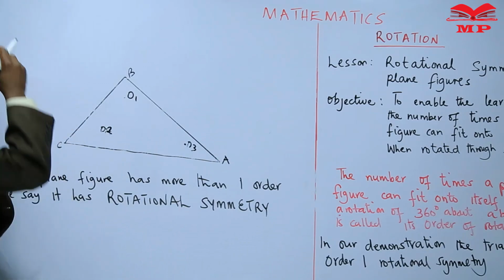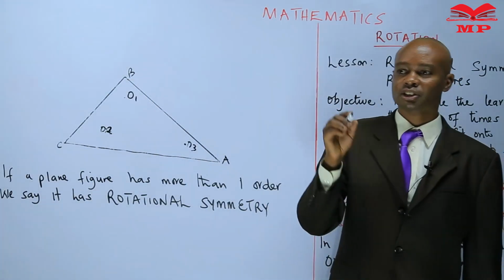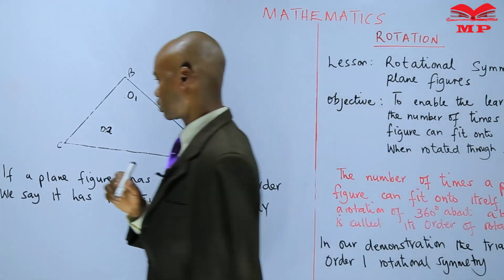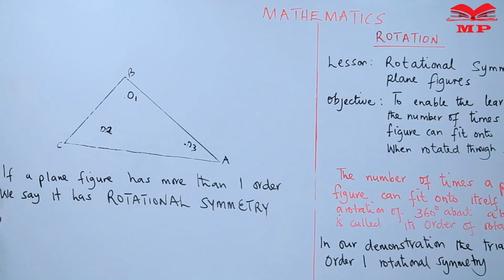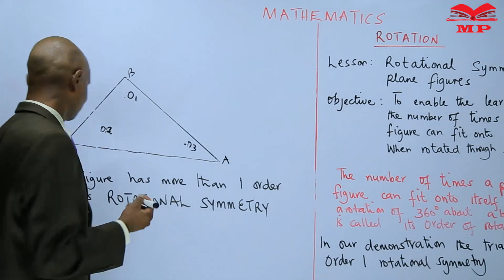There is one conclusion we also make. Every plane figure has order 1 rotational symmetry, whether it is oblique, whether skewed, any shape.